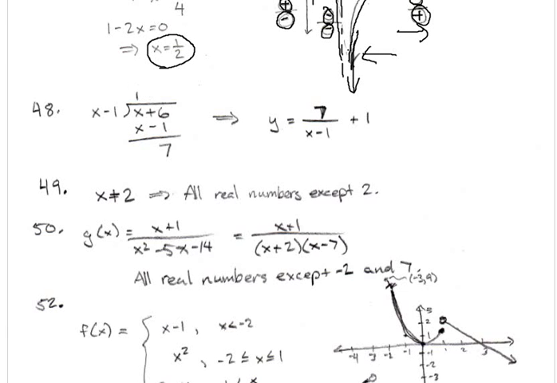1 then times 1 gives us negative 1. Subtract these two together, and x minus x is 0. 6 minus a negative 1 is 7.